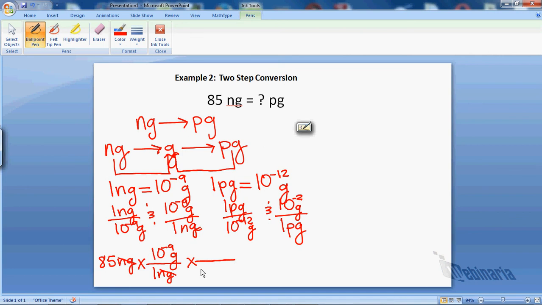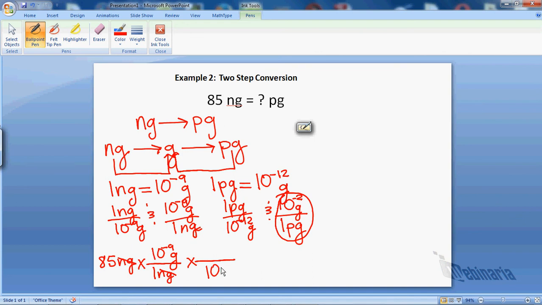Nanograms cancel, and we want a relationship between picograms and grams, where I want my picogram unit at the top and my grams unit at the bottom, so it would be this conversion factor.